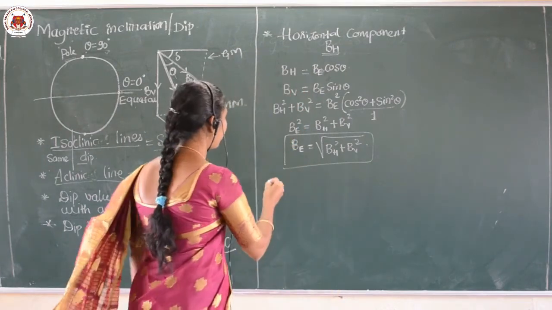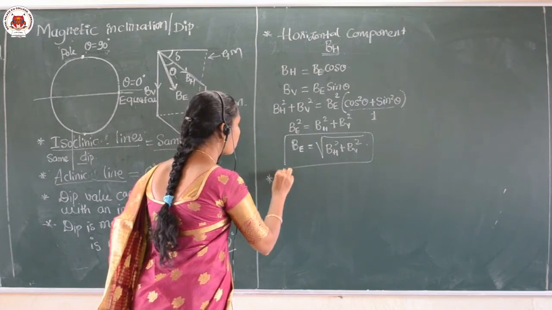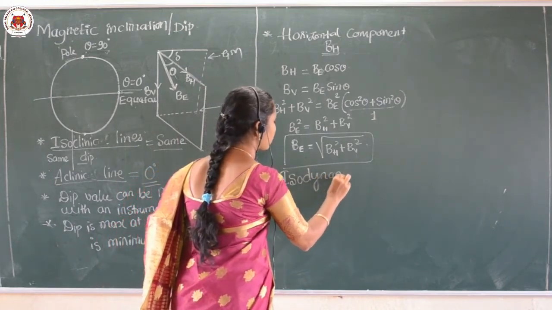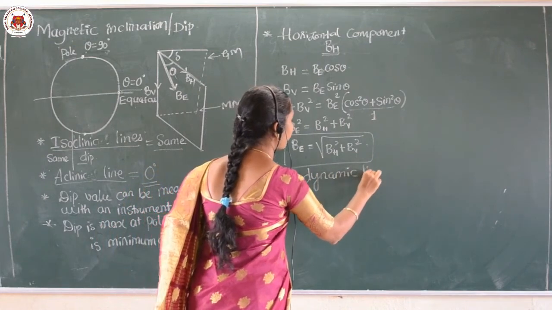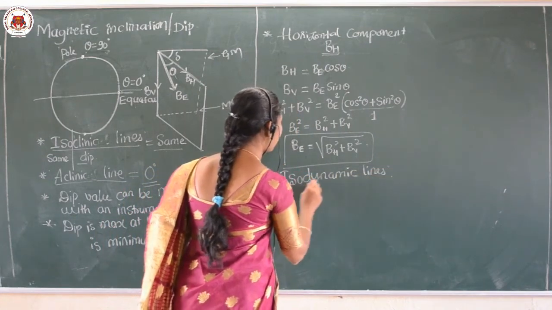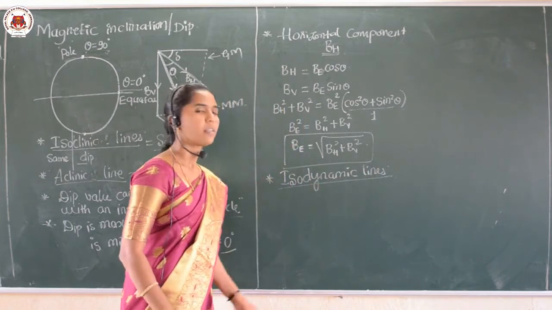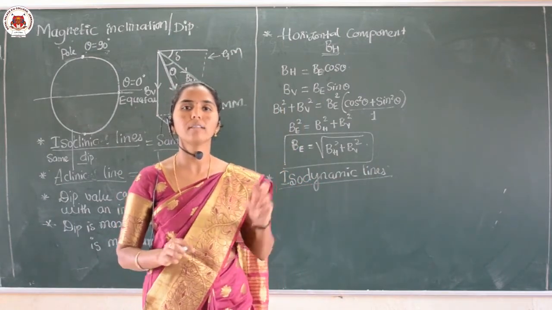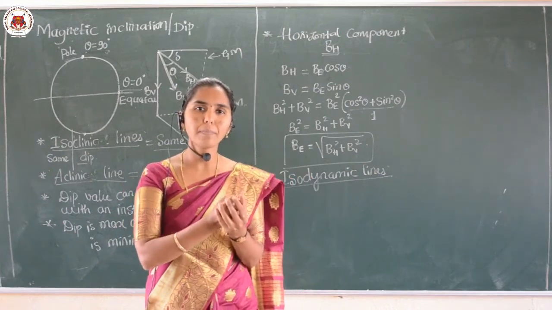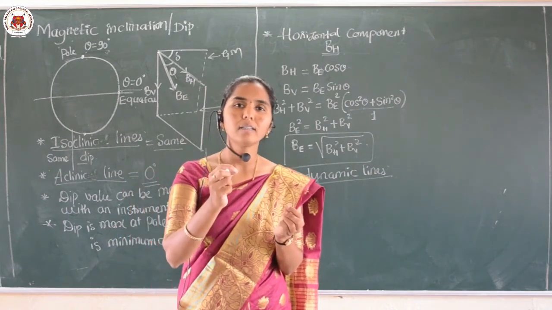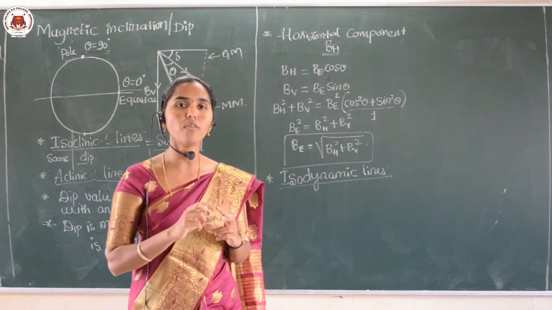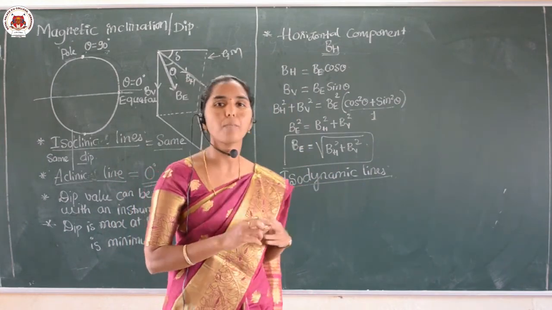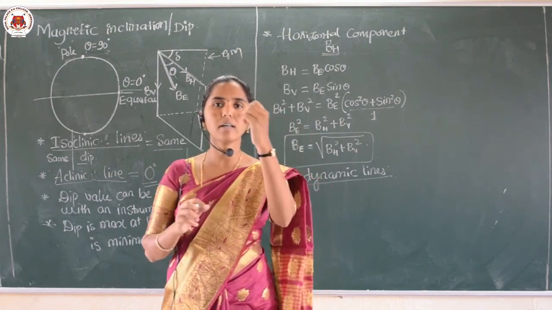And here also you get isodynamic lines. What are the isodynamic lines? The lines drawn on the earth map joining the places of equal or the same horizontal component.